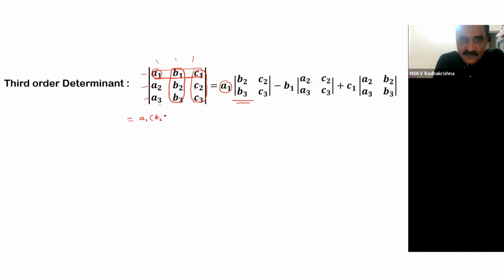B2 into C3 minus B3 into C2, minus B1 into A2C3 minus A3C2, plus C1 into the last subdeterminant, A2B3 minus A3B2.